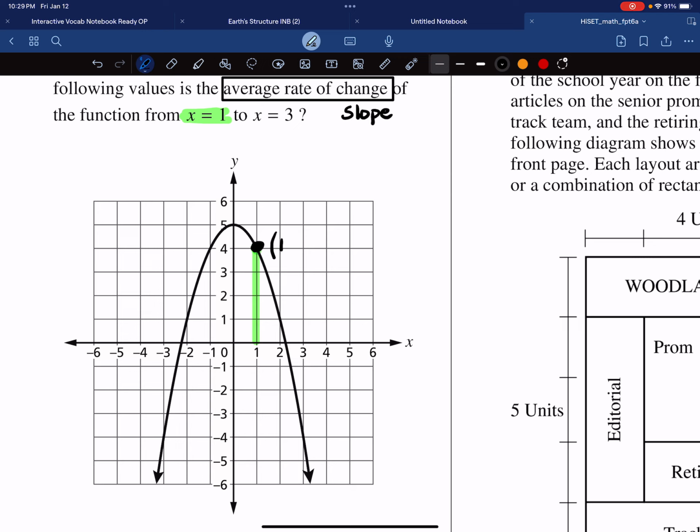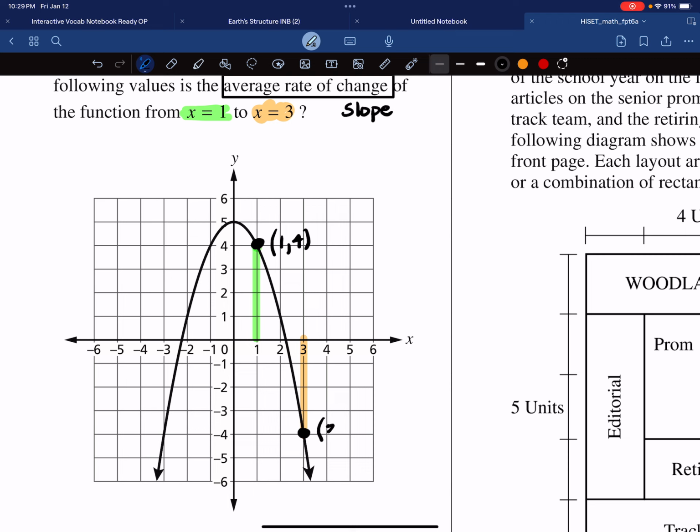So this is over 1 and up 4. And then when x is 3, so that's over here, x is 3, and the dot would be right here. So when x is 3, y is negative 4.